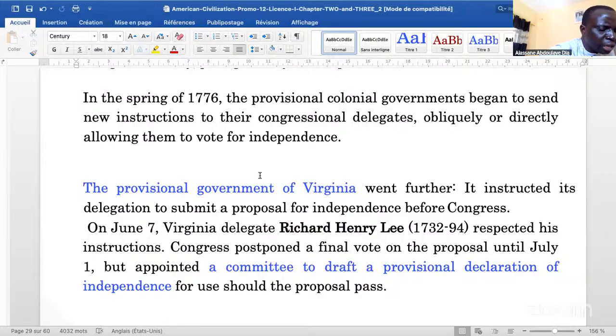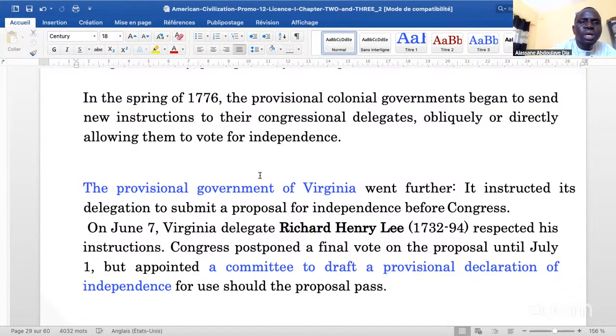They were kind of independent colonies. So the colony of Virginia, New York, New Jersey, they started saying, at your level, please vote for independence. If you all vote for your independence, we have the majority of colonies, and the British would understand that we don't want them to be here. Please vote.